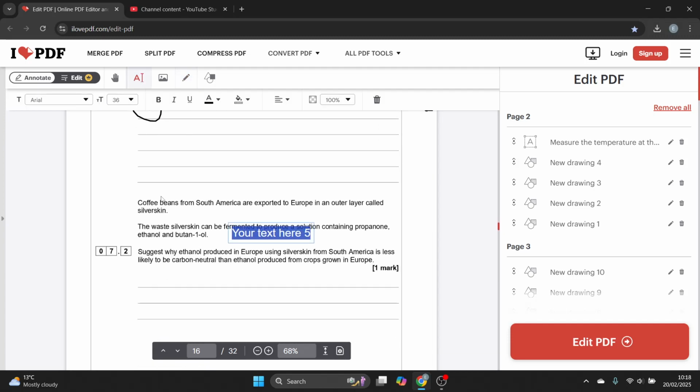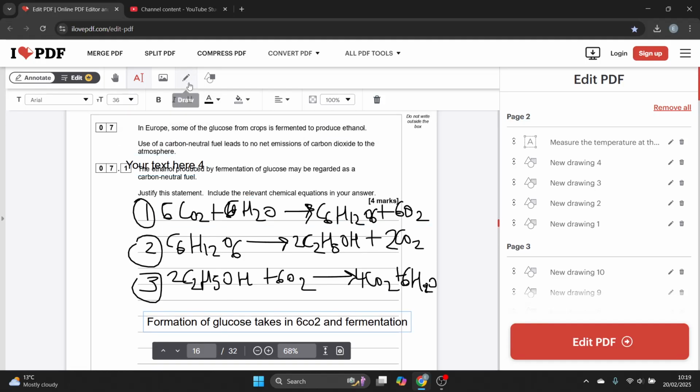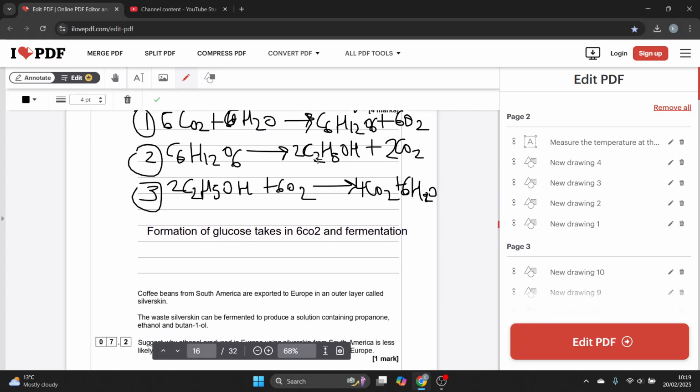is the idea of just a random statement, right? What are these equations representing? Well, the formation of glucose, C6H12O6, takes in 6CO2, and that is photosynthesis. Then this is obviously the fermentation, like I said, and then this is the combustion.